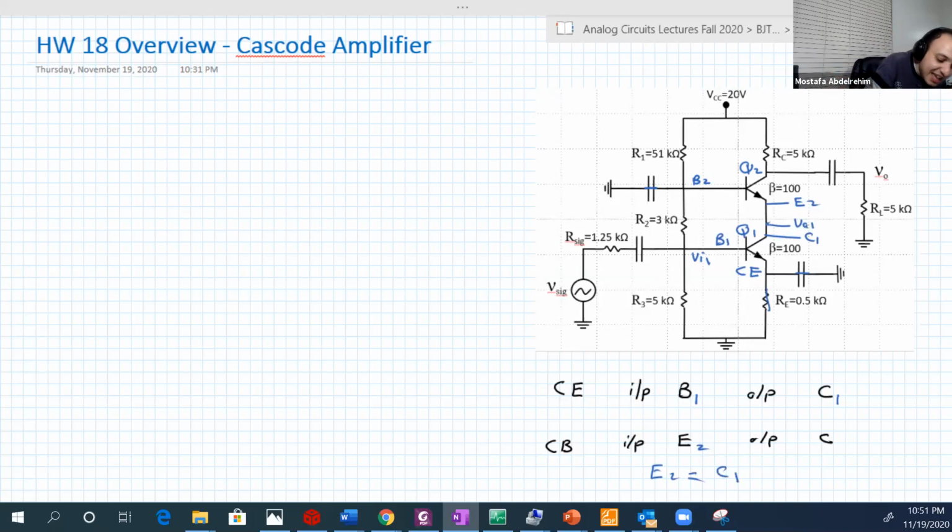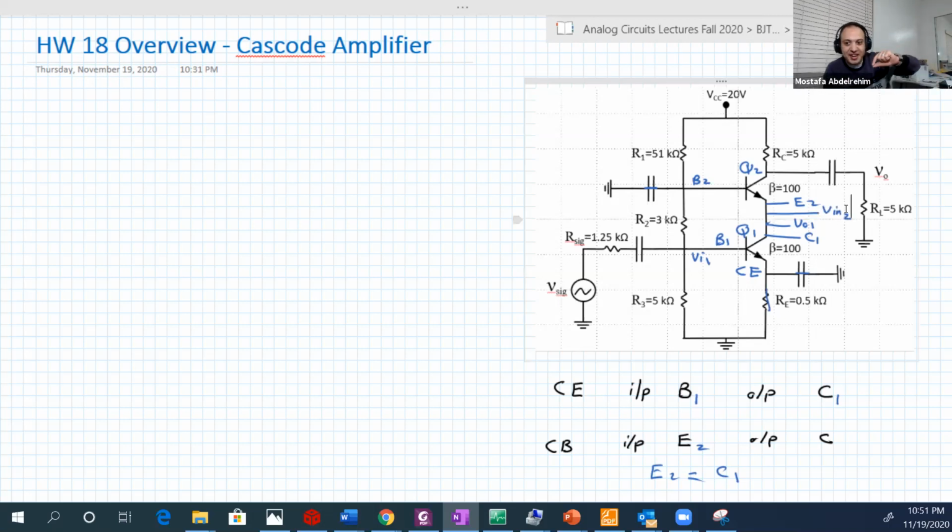So actually, the output of stage 1, which is the common emitter, is the input of the common base, because collector 1 is the same node as emitter 2. And definitely here is RL, so I am writing here that this is the output.